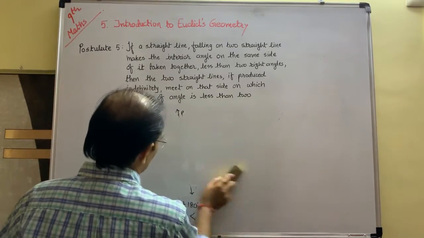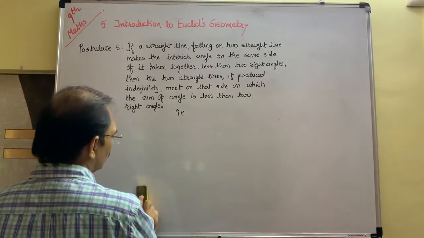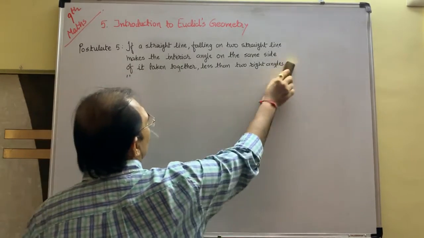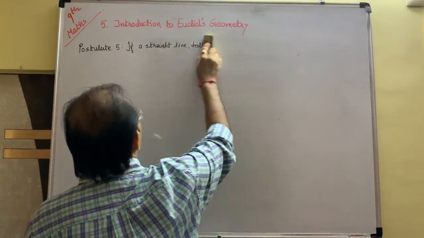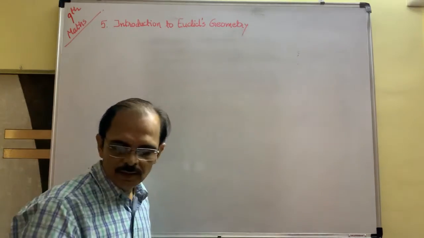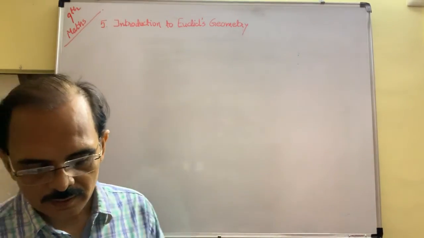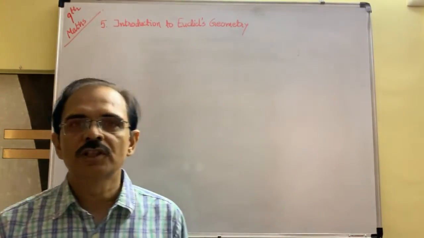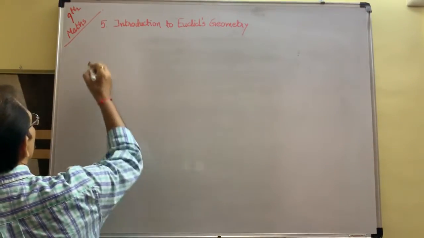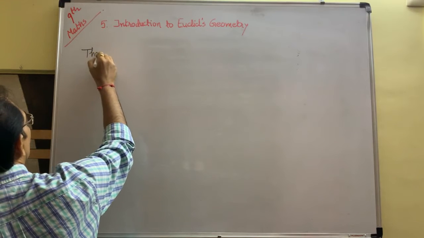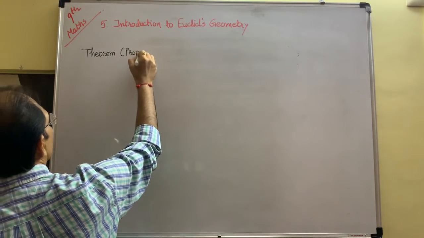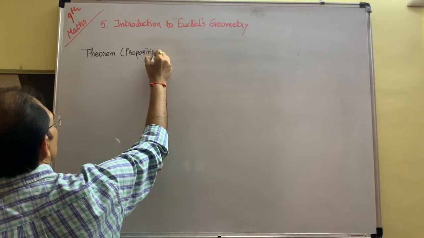So Euclid proves some statements with the help of definitions, postulates and some axioms. These statements are known as theorems or called propositions. The statement which is proved is known as a theorem or proposition.